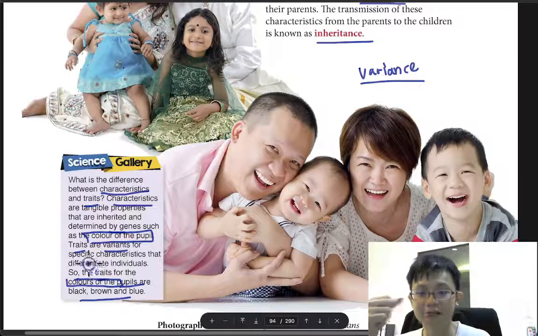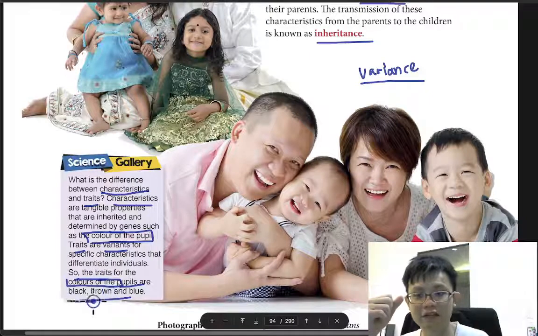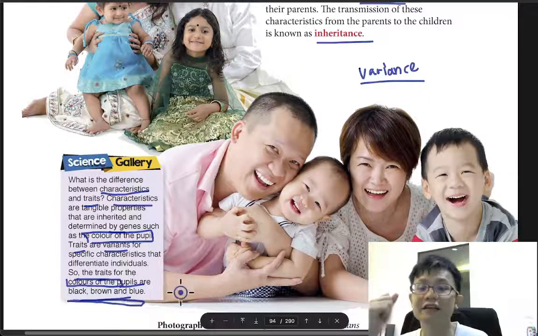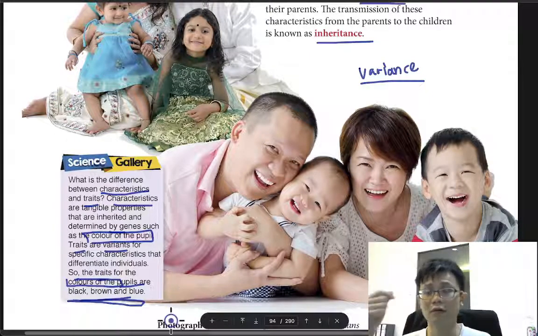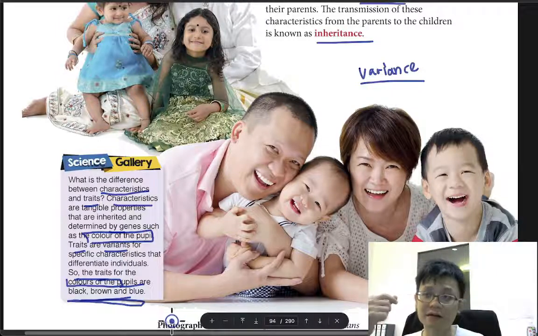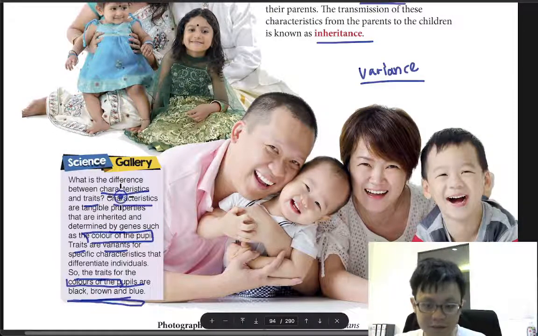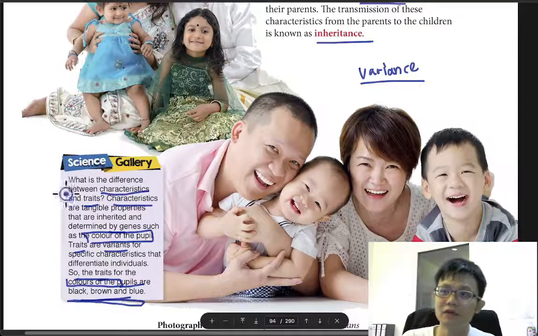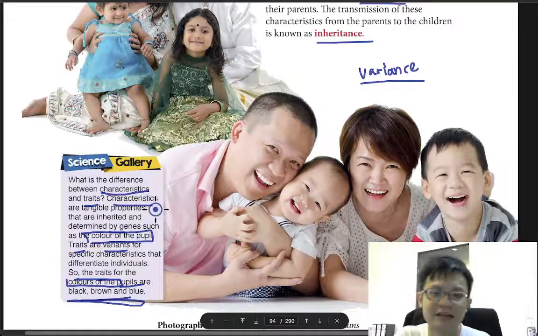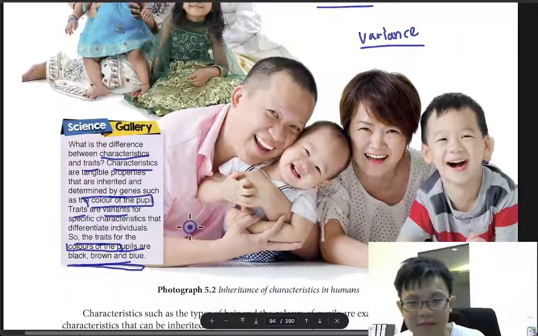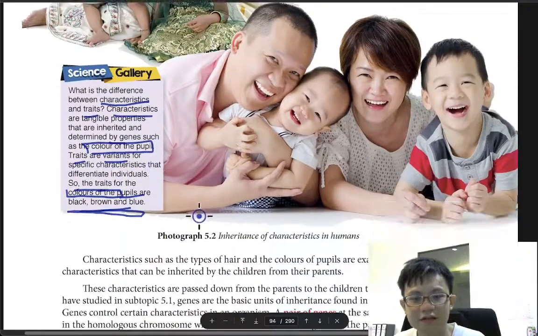The only extra thing with traits is whether it is blue, black, green, and so on. Hopefully the exam won't ask. If you don't understand, just memorize, because I feel it's a university question.